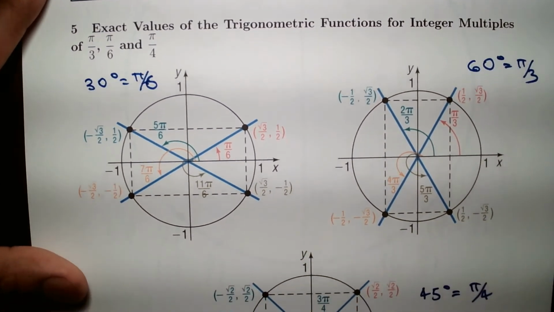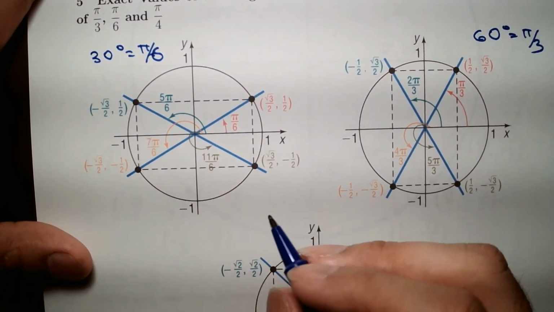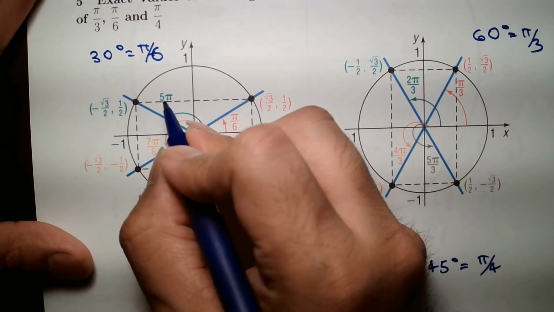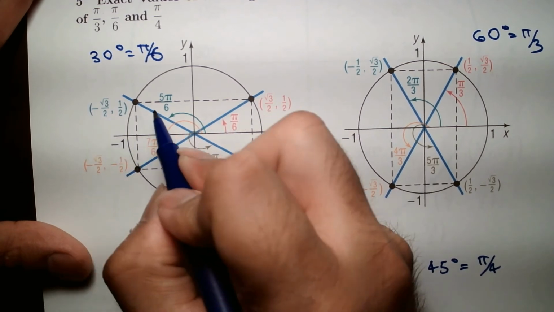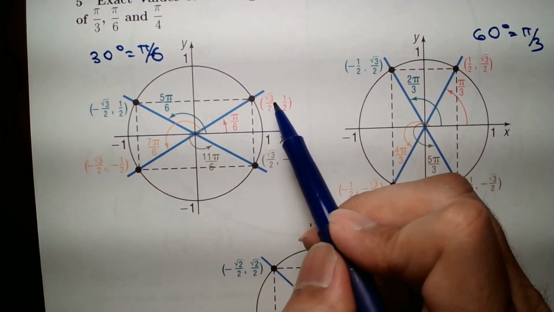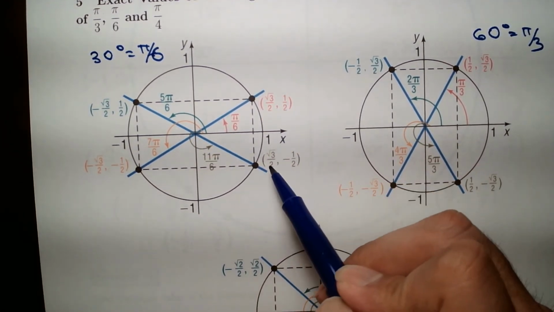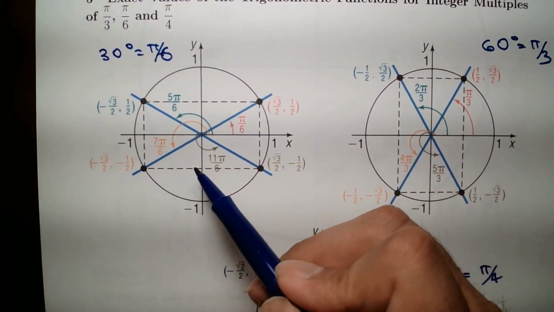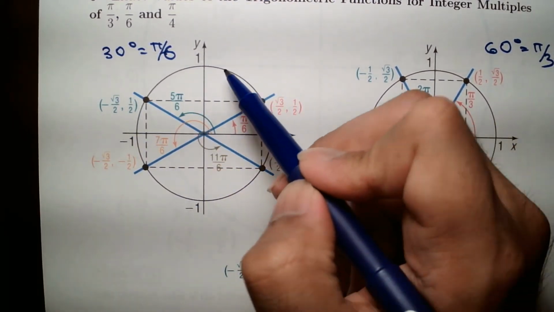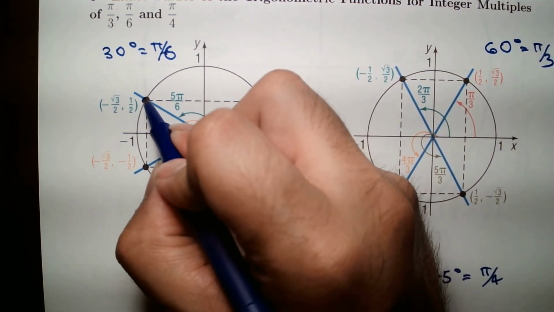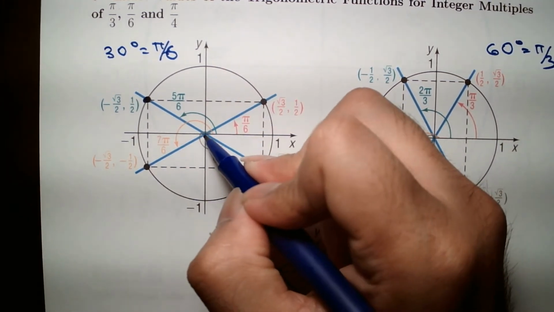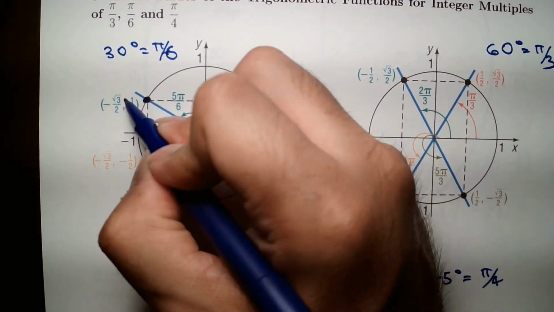All right. So if we go around the circle, when we do 5 pi over 6, well, that's a multiple of 30. If you look at the values, the x value and the y value, they are all the same, but depending on their position in the coordinate system, in this case, at this point right here, x is negative, y is positive.